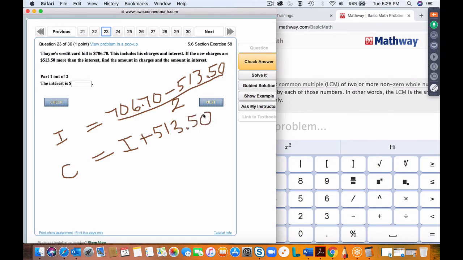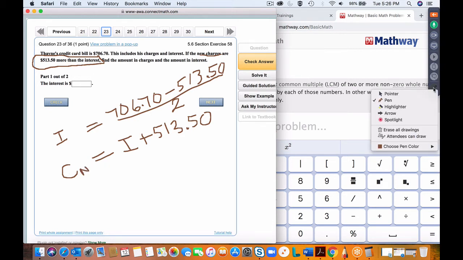That's the charges. It's right here, you see it. They tell you this is more than the interest. The new charges are going to be this much more than the interest. So you got the new charges right here. And that's all you have to do for that one.